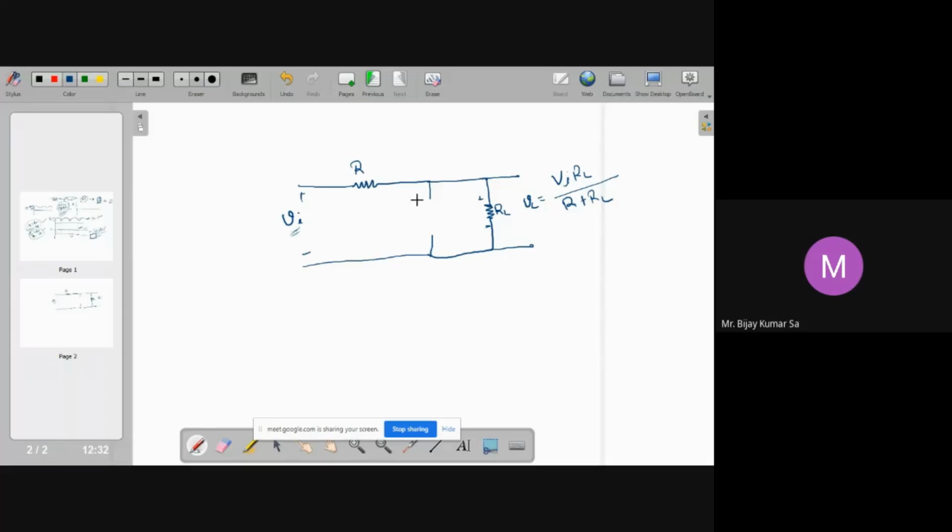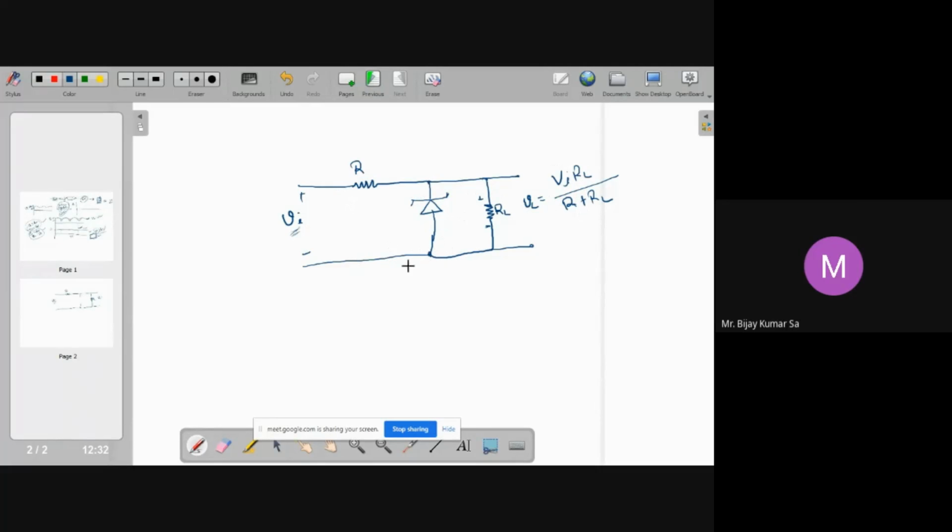Suppose I place this diode over here. In that case, this VL will appear across this diode also because these two components are in parallel. So whatever VL you have calculated using this VI, R and RL, that very voltage will appear across this diode also.